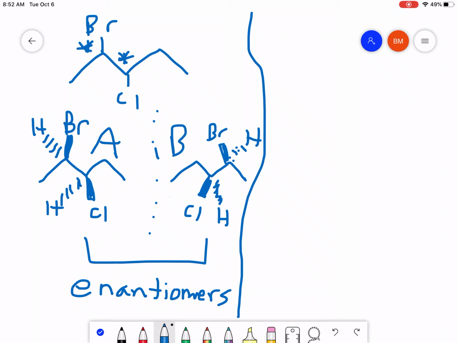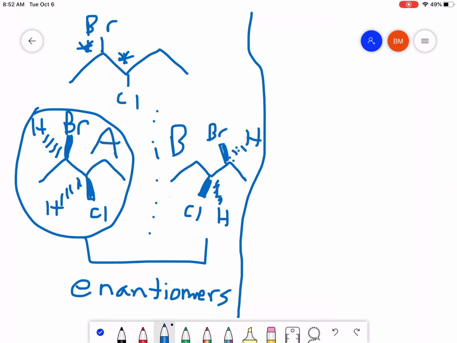All right. So how do you draw the other 2? Here's a very easy systematic way to do this. Whenever you get ready to draw your third enantiomer, just simply take the very first structure that you drew, pick one of the stereogenic centers, and switch the groups. Okay?